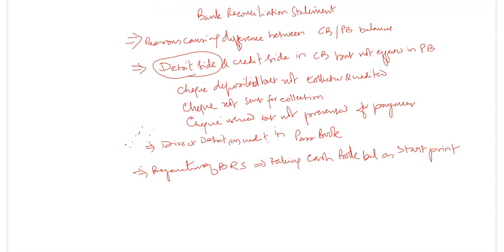When we took up an example with favorable balance, we prepared taking cash book as start point. And we also looked at the fact that the procedure has to be reversed if your start point is balance as per passbook.